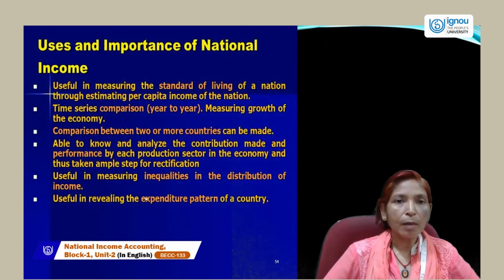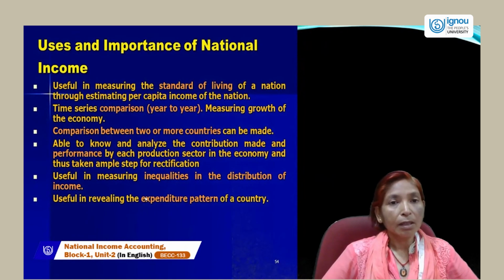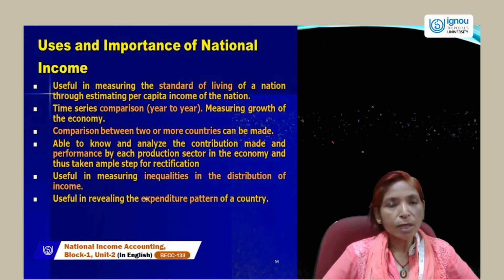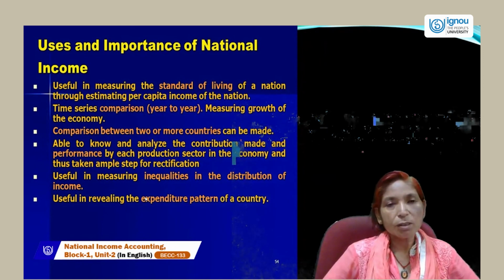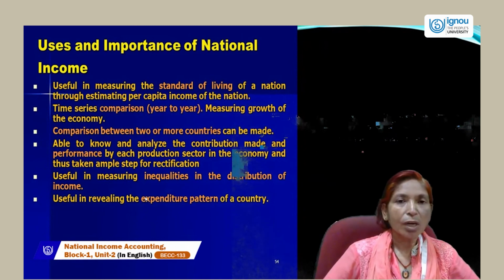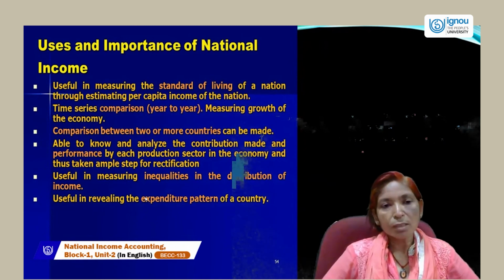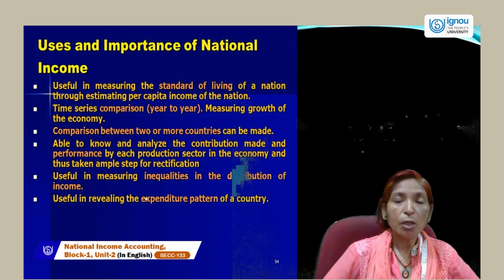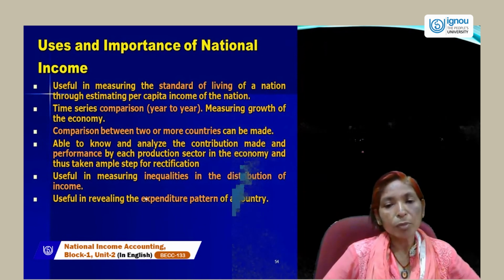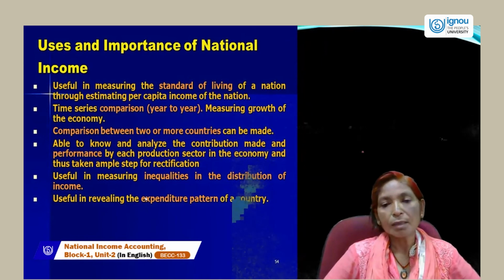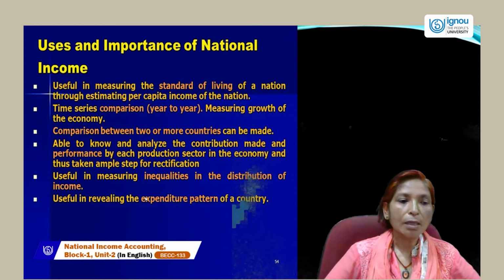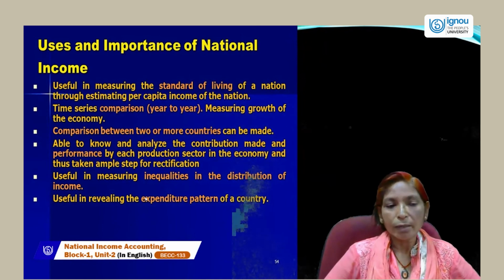Now, what are the uses and importance of national income? National income is very important to calculate, because with the help of national income, we can measure the standard of living of the country's people. We can compare the growth of our country with the rest of the world. We can know and analyze the contribution made and performance by each production sector in the economy, and thus take ample steps for rectification.